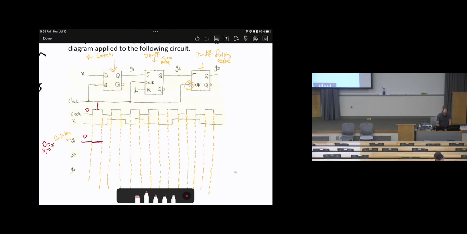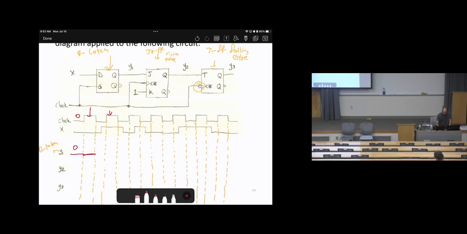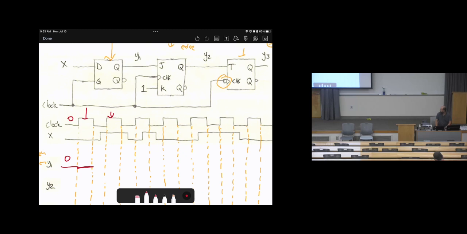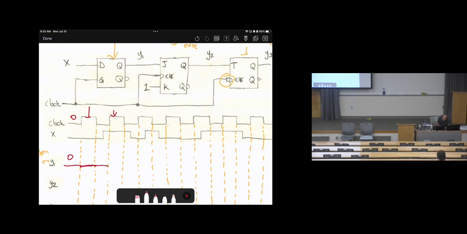Then the next updates will happen when it is on again, at this cycle. Here, since it is 1, it will be 1.